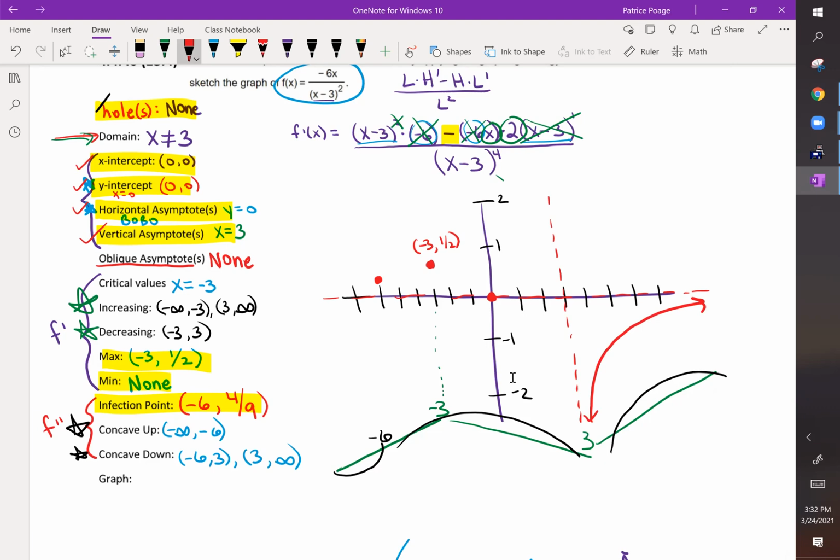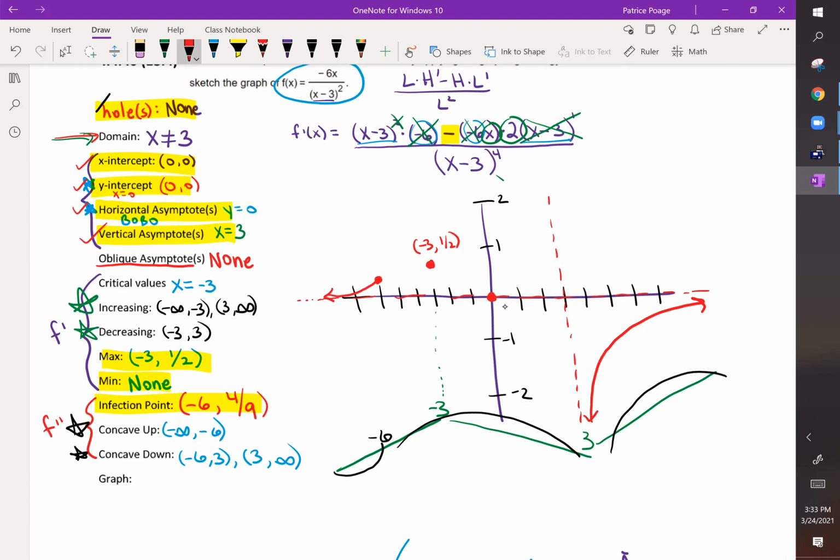On the left side of the asymptote, starting on the far left over here, I have a horizontal asymptote at 0. I'm already crossing it once right in the middle, so I don't want to cross it twice. So I'm going to start right above it. I'm going to be increasing and concave up until I hit that point, which is at -6.